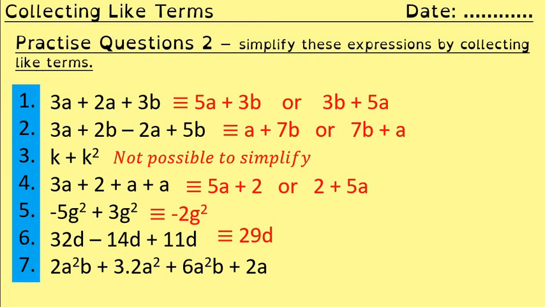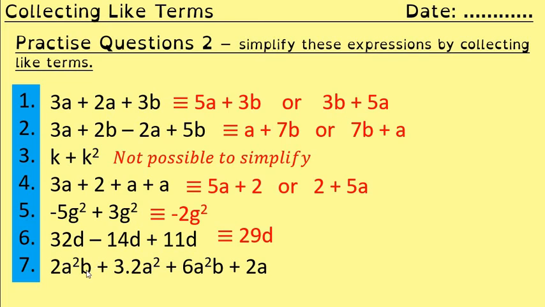And then here we have to be really careful about identifying the like terms. Our like terms would be the positive 2a squared b and positive 6a squared b. They are like terms with each other. They are not like terms with this positive 3.2a squared, because that needs to have, remember, exactly the same variable.